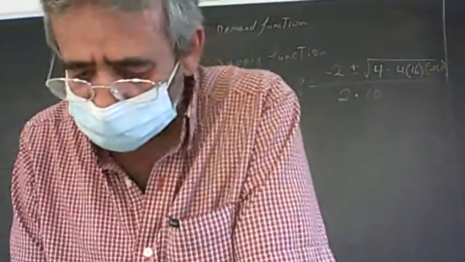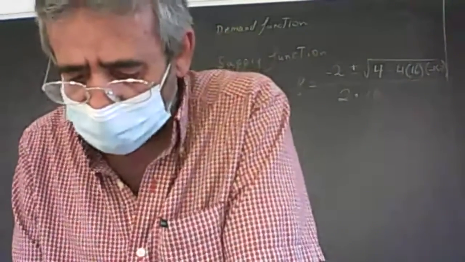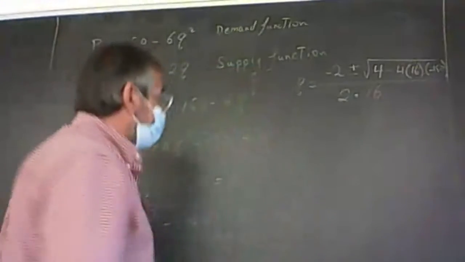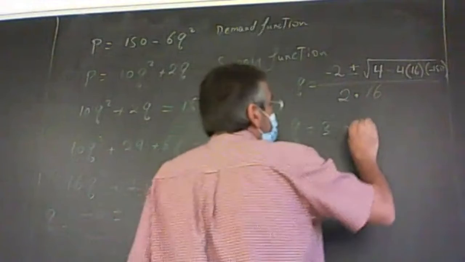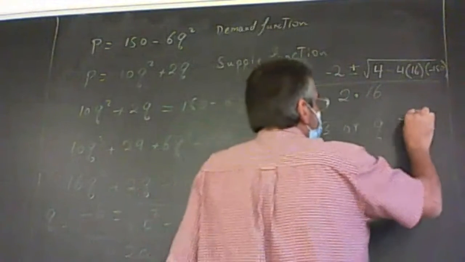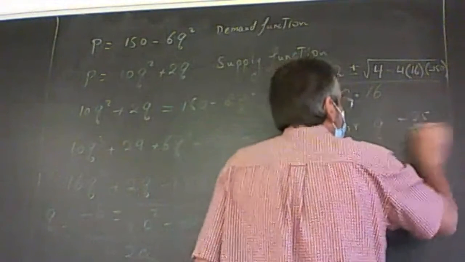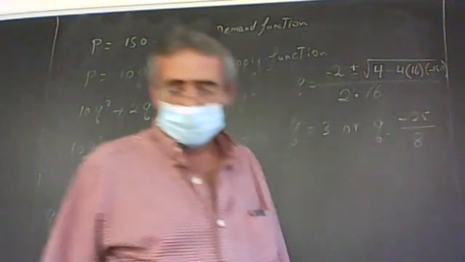You just plug this into the calculator, and you should get two numbers: Q equals 3 or Q equals negative 25 over 8.